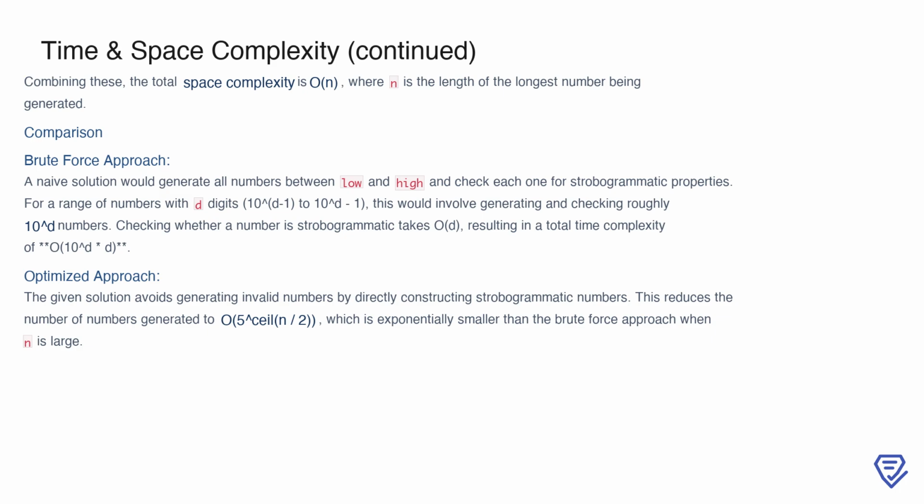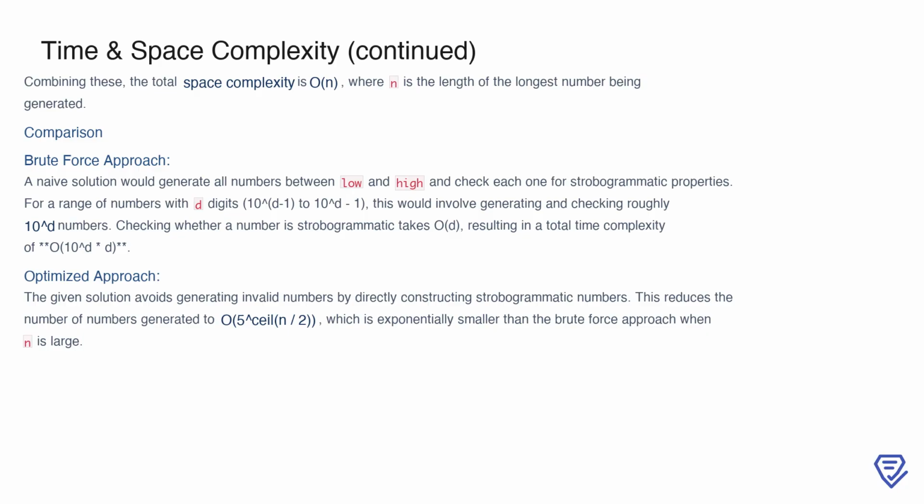Since checking whether a number is strobogrammatic takes O(d) in time, the total time complexity for the brute force method becomes O(10^d * d). In contrast, the optimized approach directly constructs only valid strobogrammatic numbers, reducing the number of generated numbers to O(5^(n/2)). This is a significant improvement, especially when n is large, as the search space is exponentially smaller than in the brute force method.